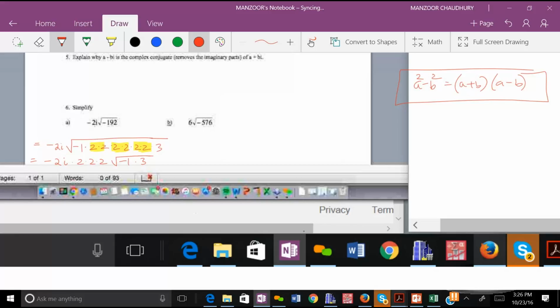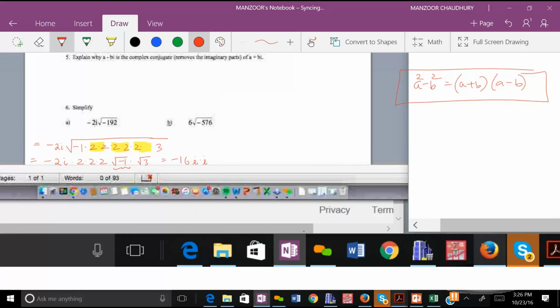Actually, you can separate it out too. You can call the square root of negative 1 and the square root of 3. So you put all the numbers together, negative 16i, and guess what? This is another i, right?